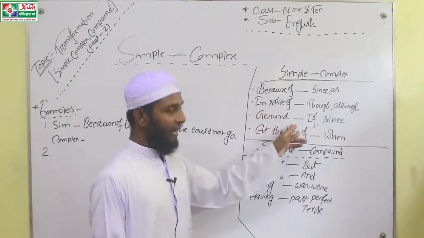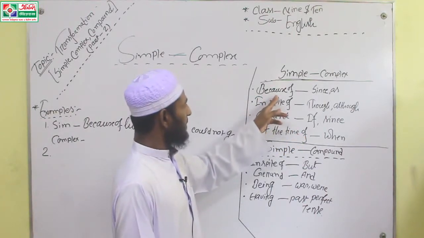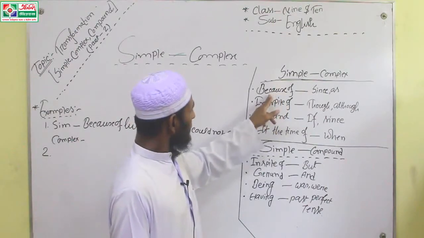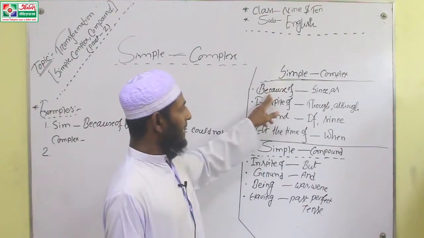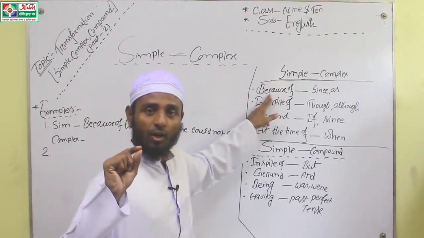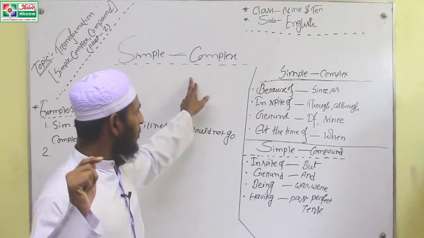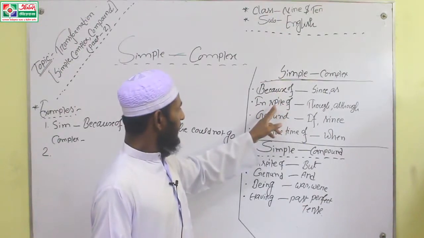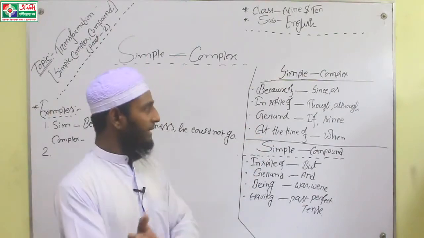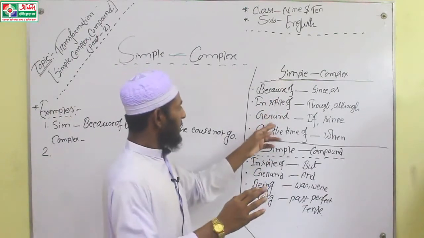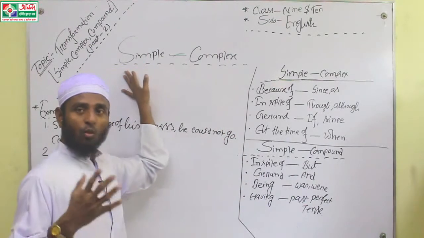Look at the board and notice it carefully, my dear learners. When you want to change a simple sentence to a complex sentence, if you find words like because of, in spite of, a gerund, or at the time of, what will you do?